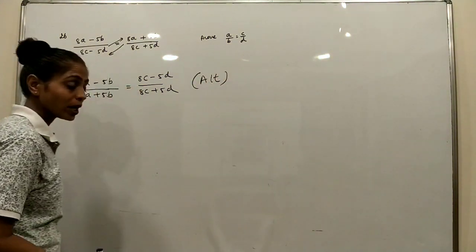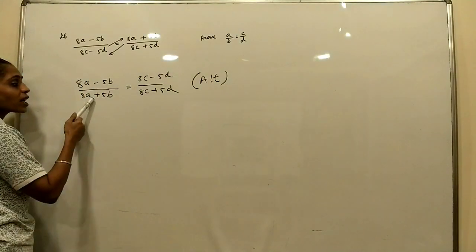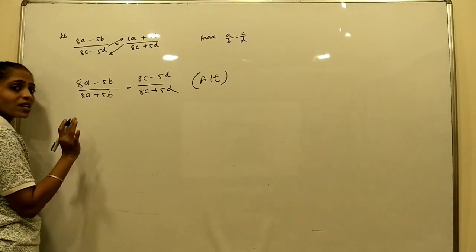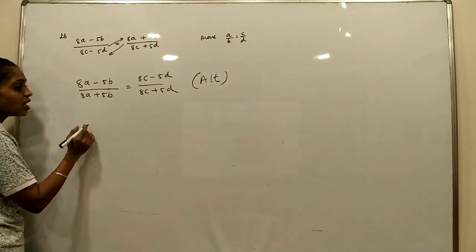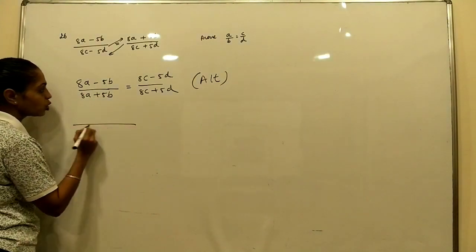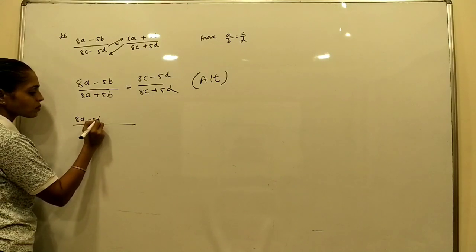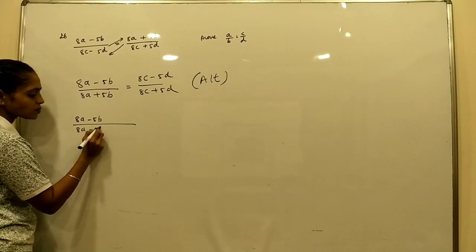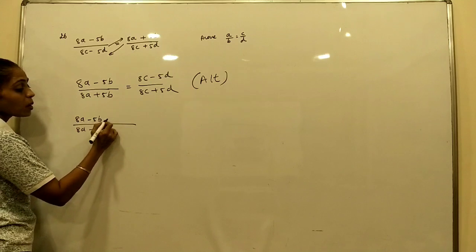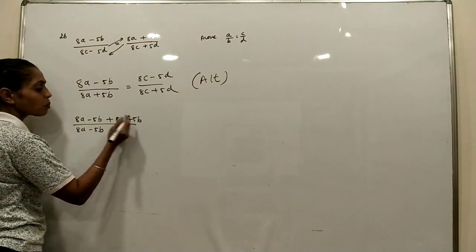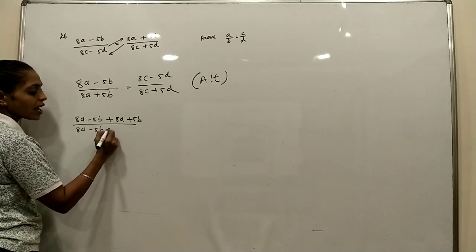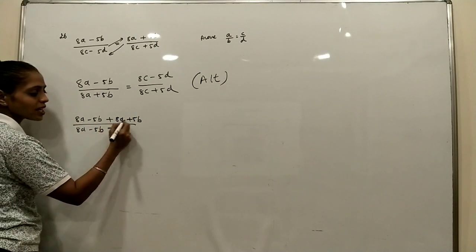You have to write the whole name. Then when the numerator and denominator terms are exactly the same, just with a difference of sign, use componendo dividendo. Numerator plus denominator, and whenever it is minus denominator, both the signs will change.